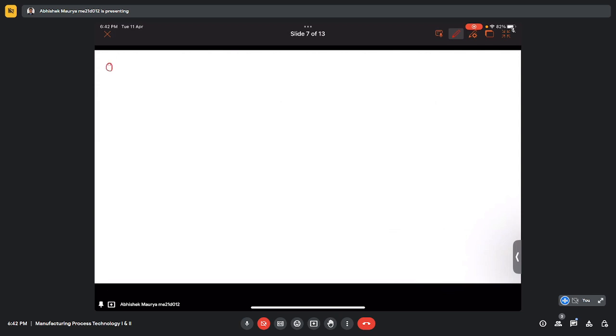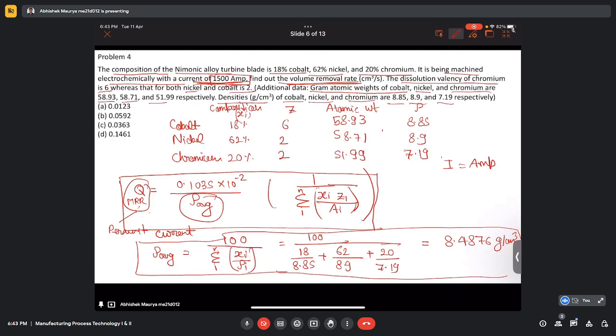So now we will write Q is equal to, divided by the average density, which is nothing but 8.4876. Now we will substitute all other values. So what are all the other values?